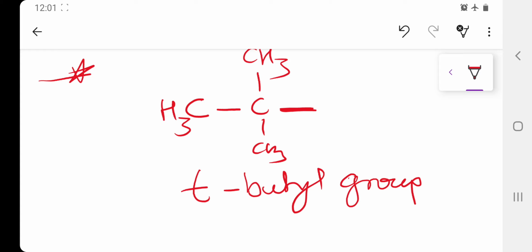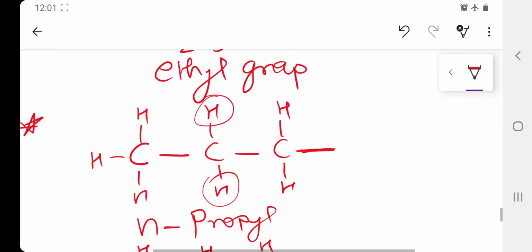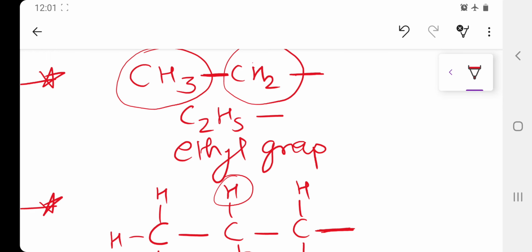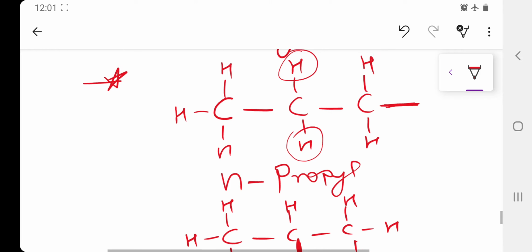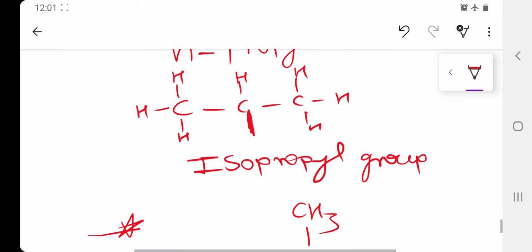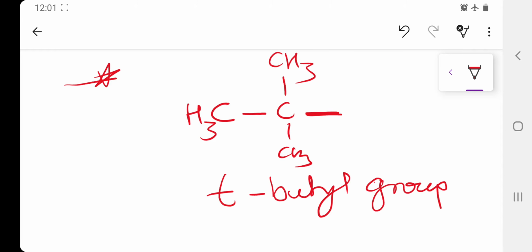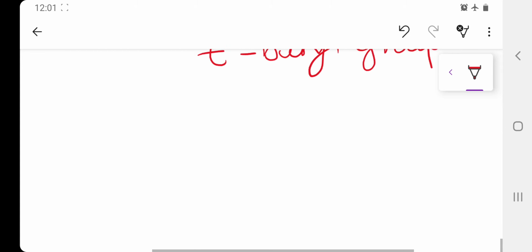How many alkyl groups have I covered? One methyl, second ethyl, third N-propyl, fourth isopropyl, and the fifth one is the tertiary butyl group.